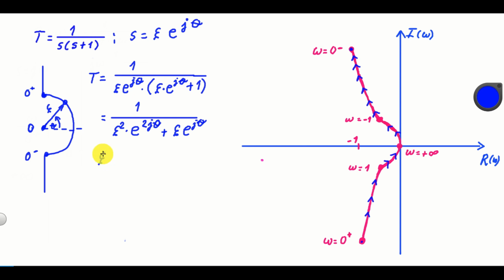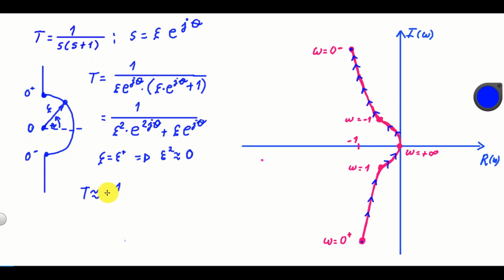Since epsilon is a very small value, epsilon squared is approximately 0 and we can neglect it. Consequently, our t can be approximated like this.